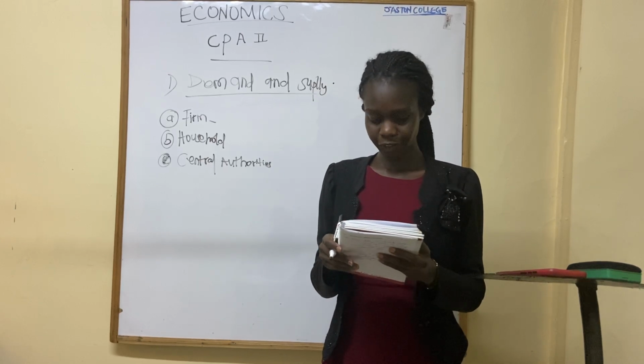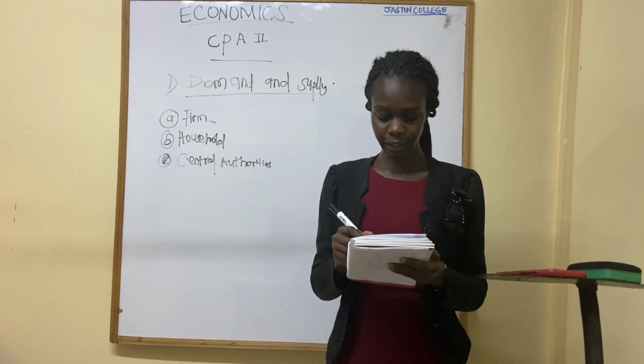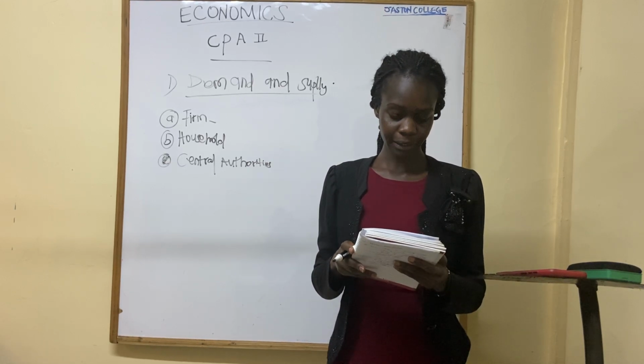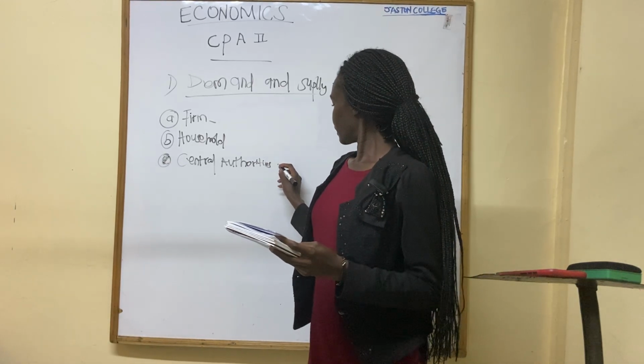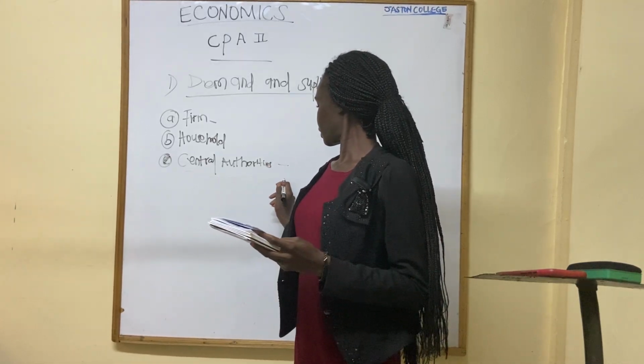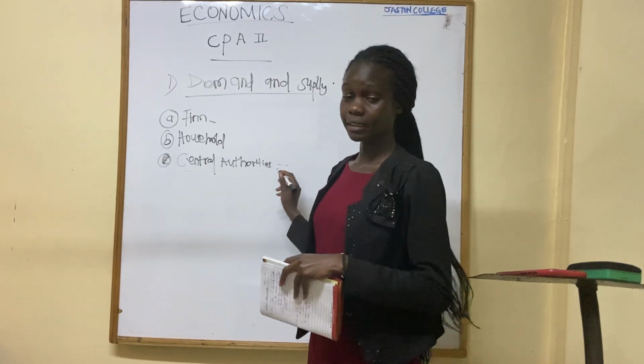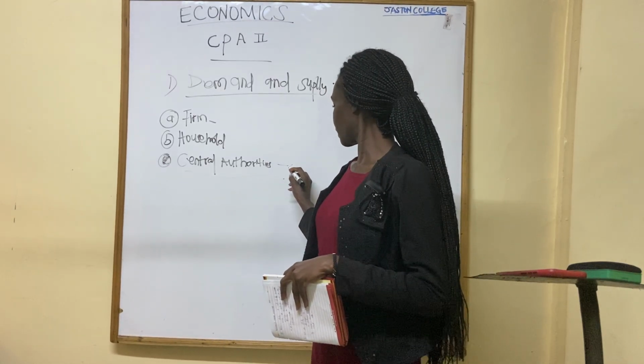These financial decisions include labor, capital, land and enterprise. The third one is central authorities, which includes the public agencies and government organizations.